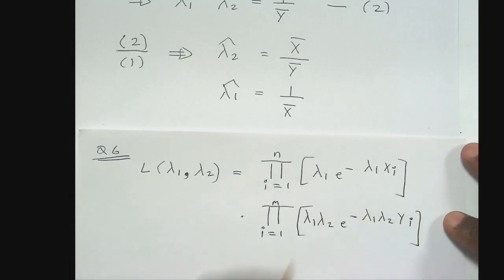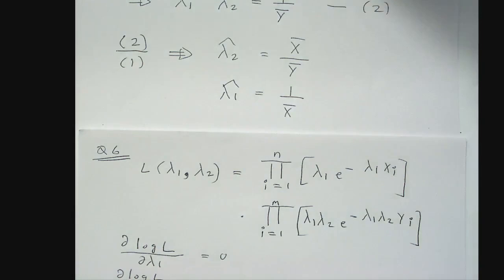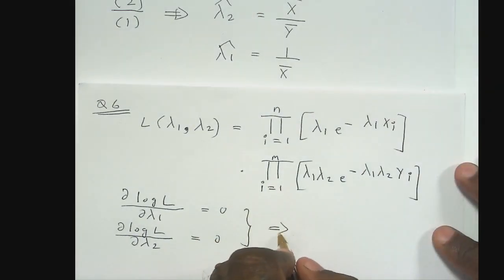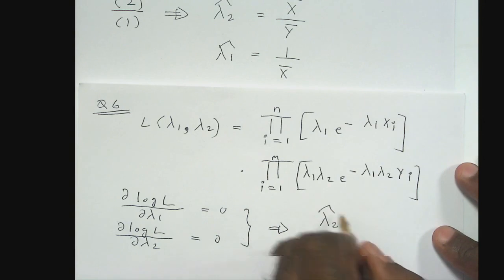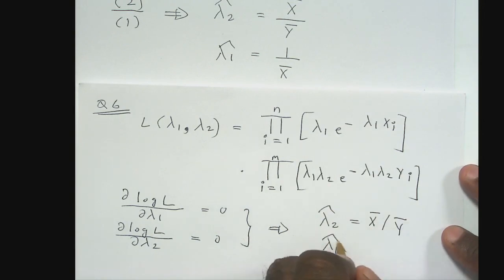So this is the joint likelihood function of lambda 1 and lambda 2, and then you take the log of the likelihood, and then you do the partial derivatives with respect to lambda 1 and with respect to lambda 2. If you solve these two equations, you will get the same answers, that lambda 2 hat is equal to this and lambda 1 hat equal to this.